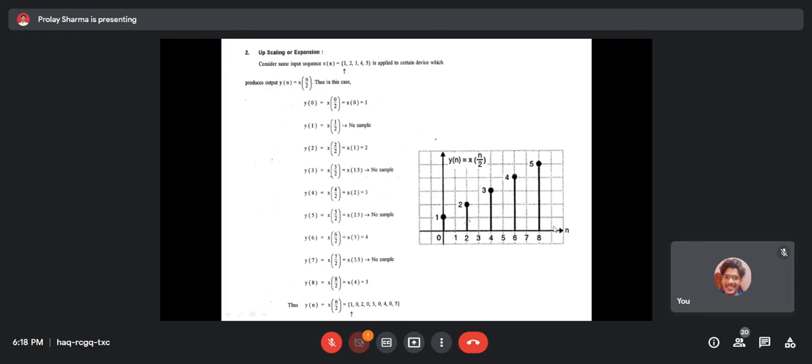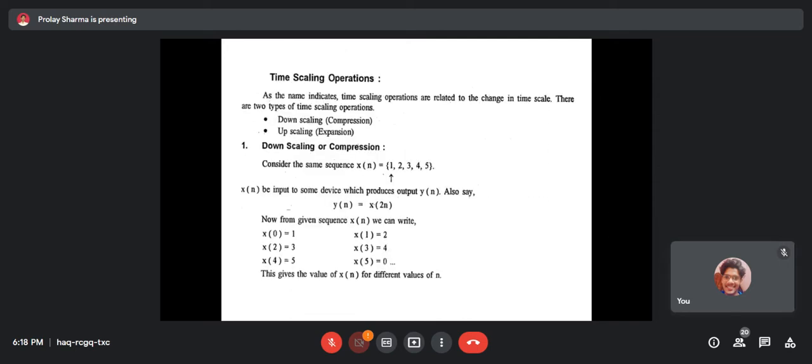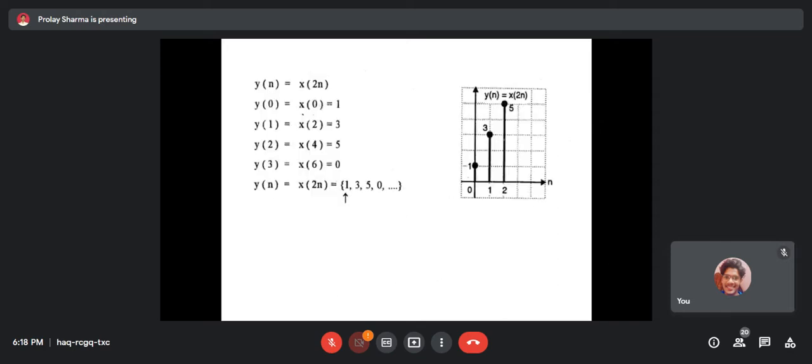For that reason, this operation is called expansion, which is also called upscale. So now we have got a little bit of a feeling for what data expansion and data compression are, if we consider it in terms of data, with which we are more familiar.